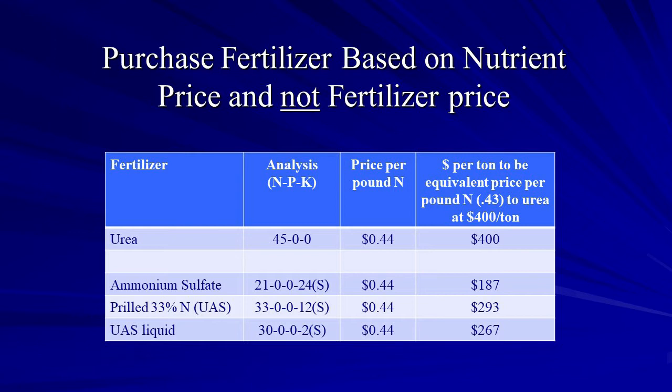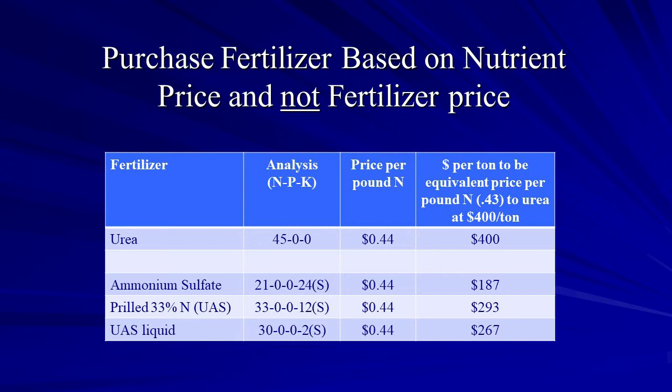So just because one fertilizer is $400 and one is $300 doesn't necessarily mean that the $300 fertilizer is less expensive, because it may not have as much nutrient there.